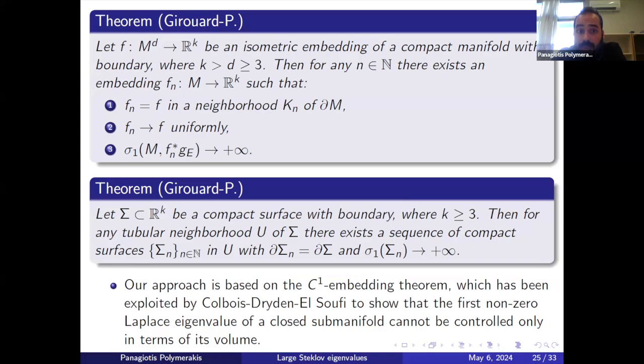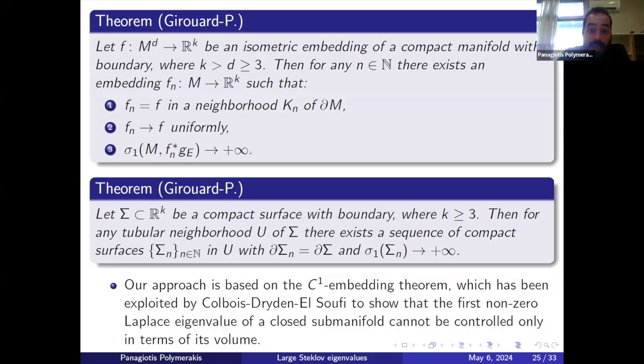Then there exists a sequence of embeddings F_n of the same manifold into the same Euclidean space, which coincide with the original embedding in a neighborhood of the boundary, converge to the original embedding uniformly, and the first eigenvalue of M endowed with the metric induced from the Euclidean space via F_n, so the first eigenvalue of the submanifold that we see in the Euclidean space, is arbitrarily large.